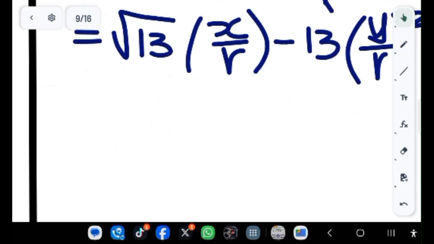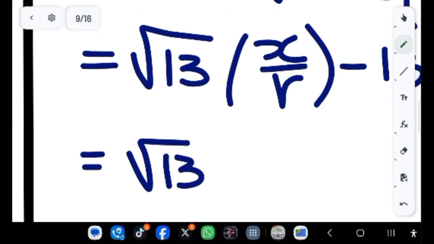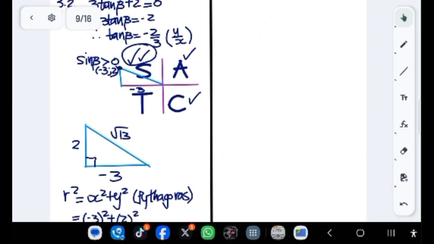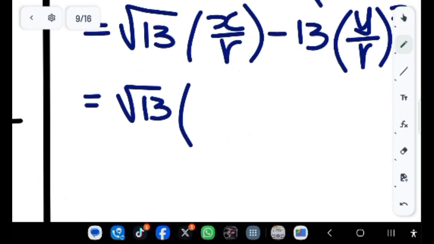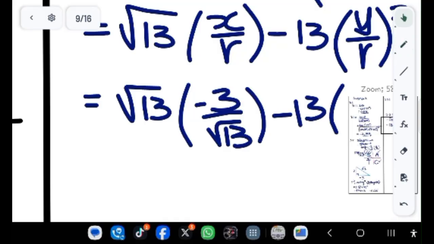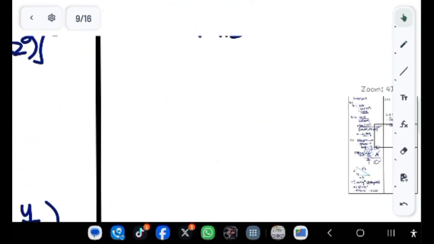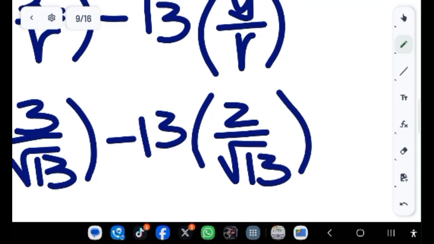This x and y, I just want to illustrate to you how you get the answers. You don't have to write that. In this particular case x is negative 3 and r is square root of 13. So that's square root of 13 times negative 3 over square root of 13, minus 13 times bracket 2 over square root of 13 all squared.